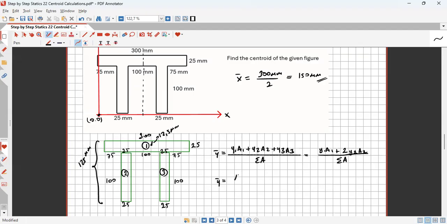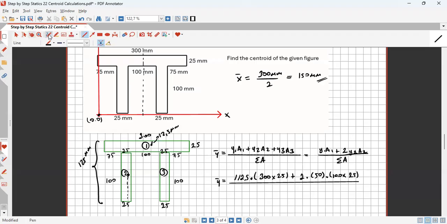It means 112.5 millimeter times area, which is equal to 300 times 25, plus 2 times the second shape, which has a y coordinate of centroid equal to 50 times 125, divided by total area.